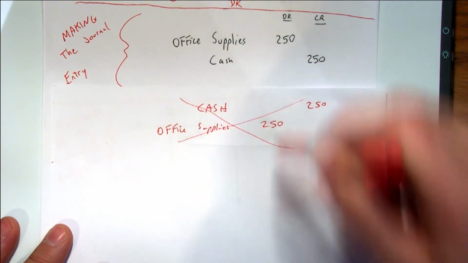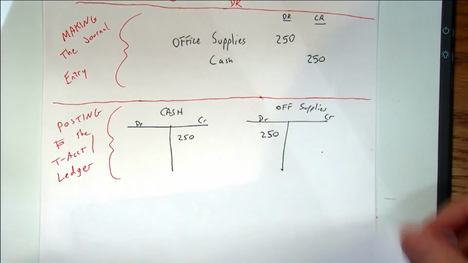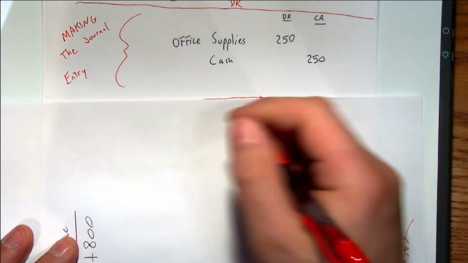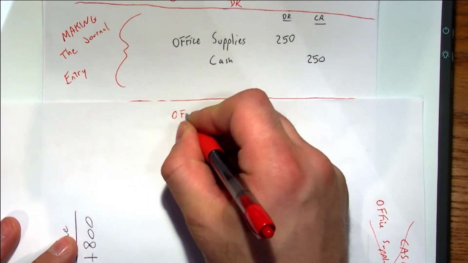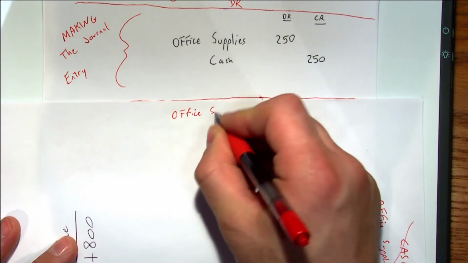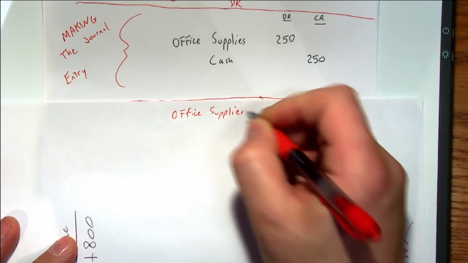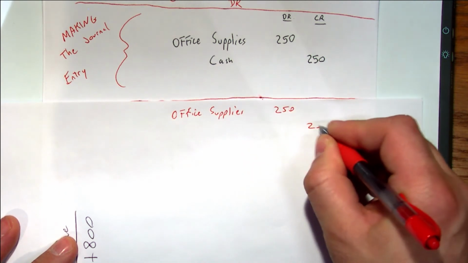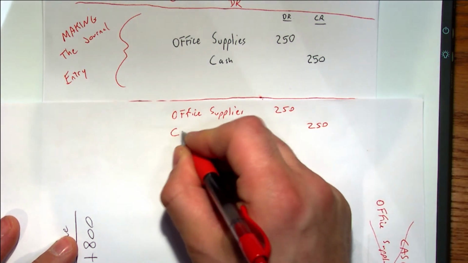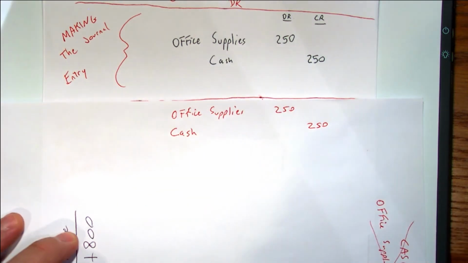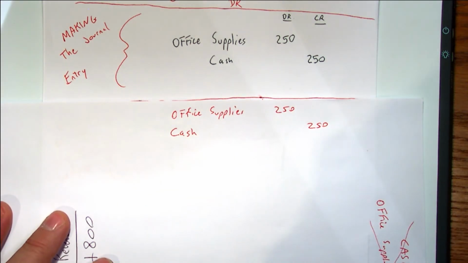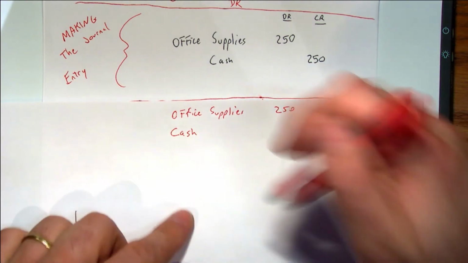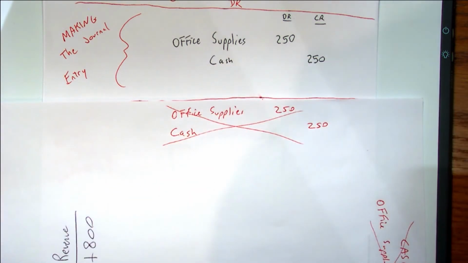So that's wrong. Okay? Here's another way that I've seen students do this wrong. Okay, what's wrong there? We didn't indent the accounts being credited. So that's wrong too.